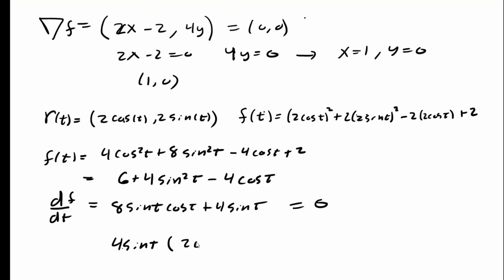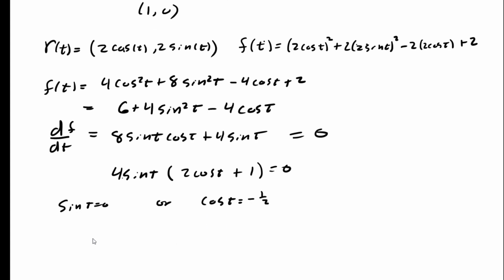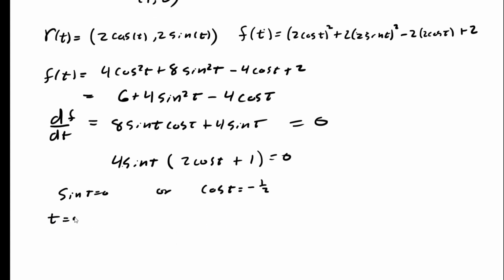And I have 2 cosine t plus 1 equals 0. This tells me that either sine t equals 0 or 2 cosine t plus 1 equals 0, meaning that cosine of t is equal to negative 1 half.